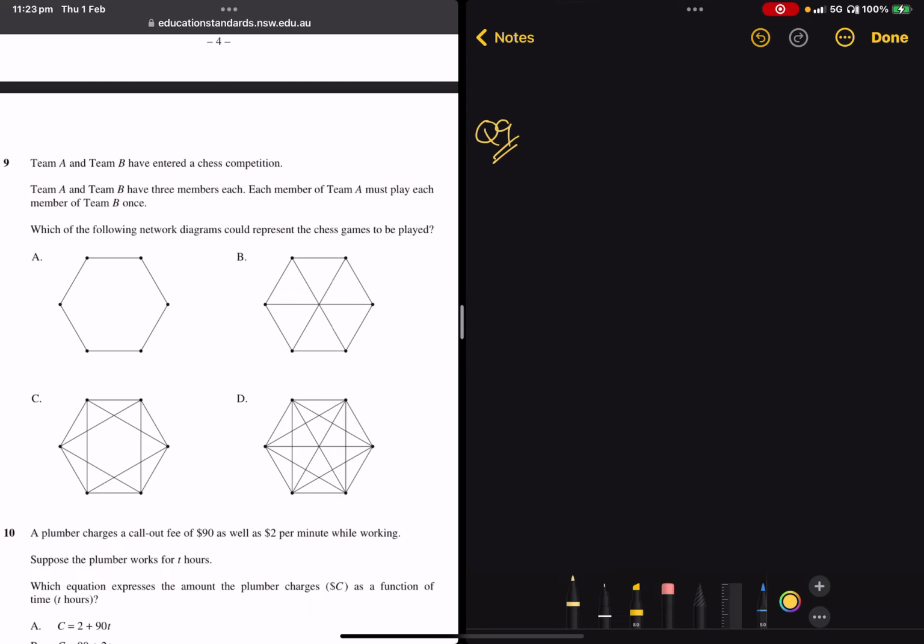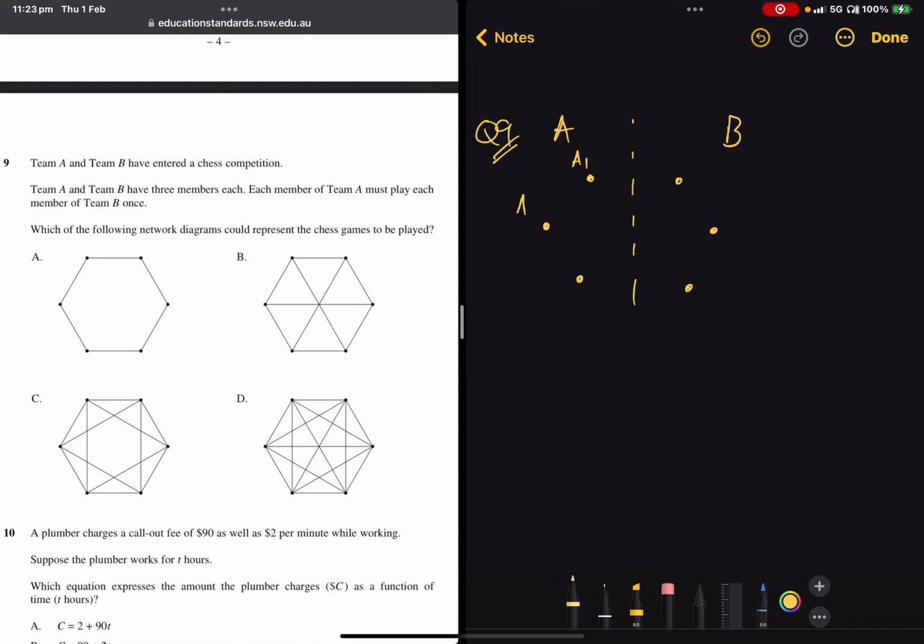So we'll draw 1, 2, 3, 1, 2, 3. And we're told each member of Team A, so this is the 3 members of Team A over here, this is the 3 members of Team B over here, each member of Team A must play each member of Team B once.